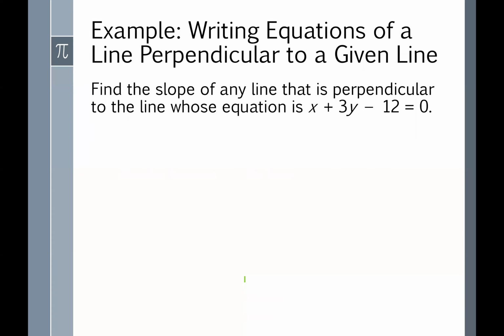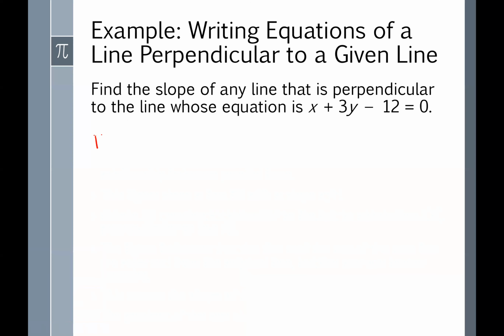Okay, so find the slope of any line that is perpendicular to the line whose equation is x plus 3y minus 12 is equal to 0. All right, to find the slope of a line perpendicular to this one, I need to find this one's slope.